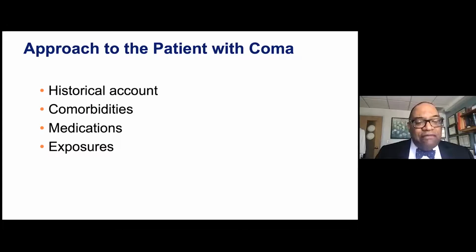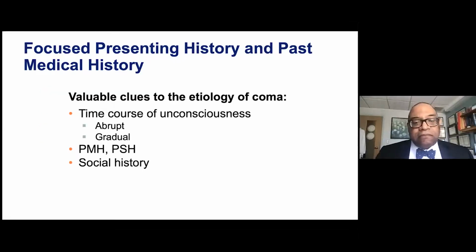All this type of information is very helpful in drawing a picture about what's happening with this patient, and it helps us develop a much better plan. Time course is incredibly important, if it's abrupt or gradual, and all of these other factors as mentioned before.